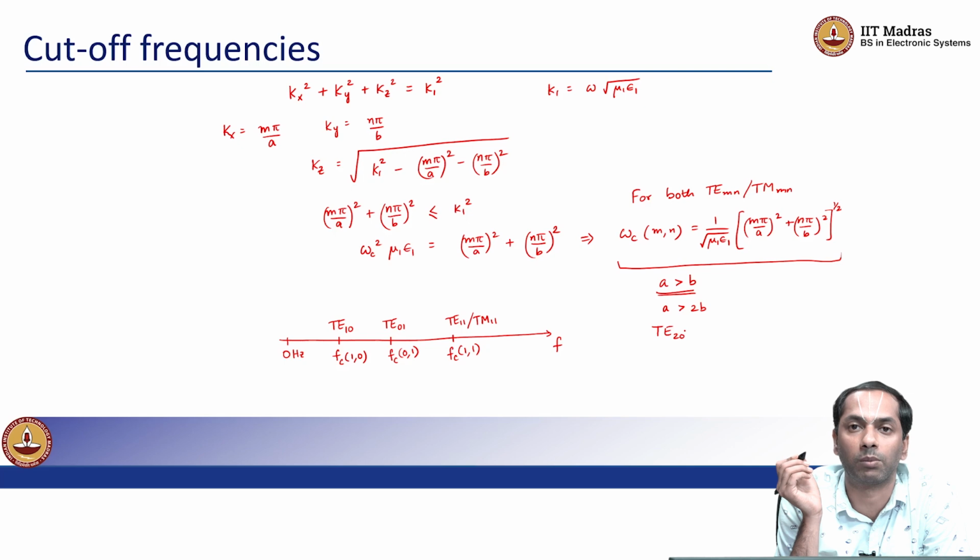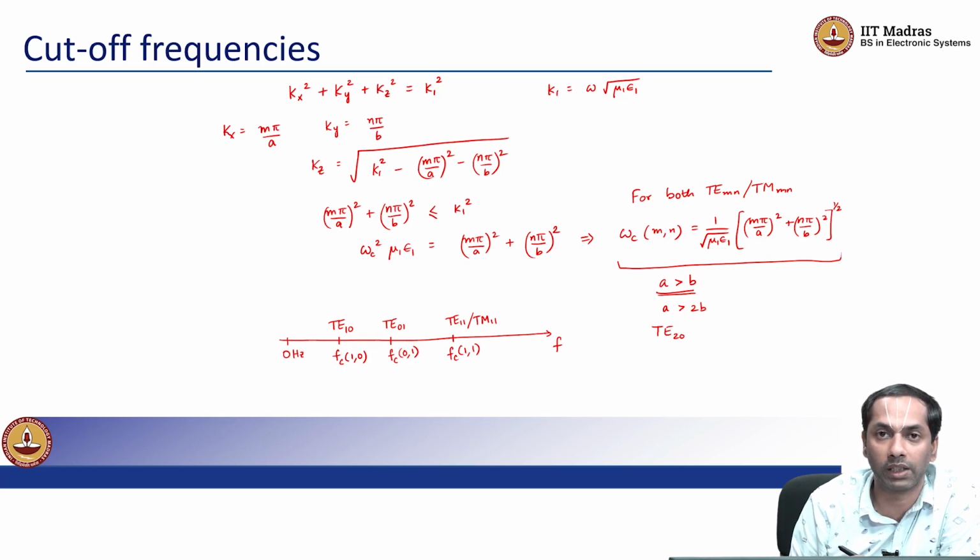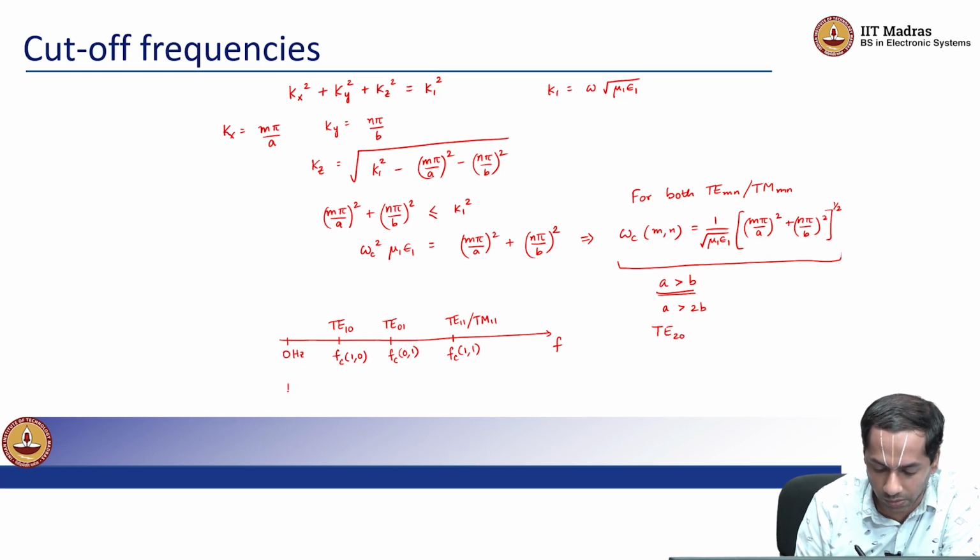Again, just refreshing our memory, what does the cutoff frequency mean? It is a high pass device, which means that I can have electromagnetic waves propagating through this waveguide higher than the cutoff frequencies, right, which is to say that in the range from 0 to fc, there can be no propagating modes.